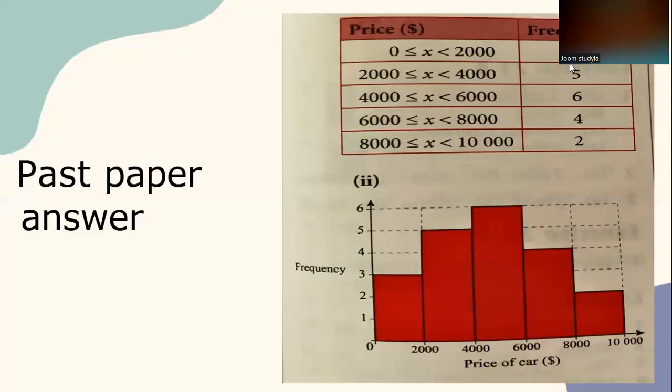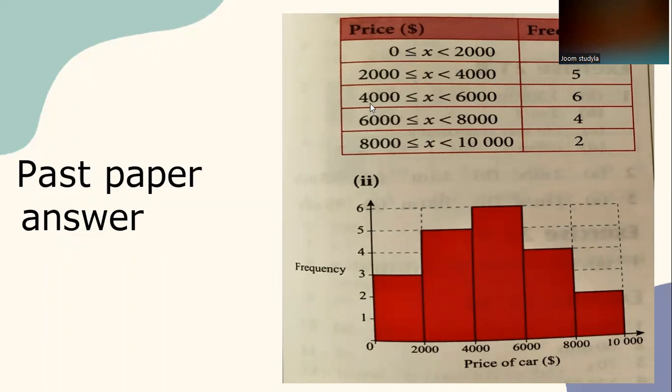When you find the frequency, for the price of the car in the range 0 less than or equal to X and X less than 2000, you have about 3 cars. When the car price is 2000 less than or equal to X and X less than 4000, you have about 5.